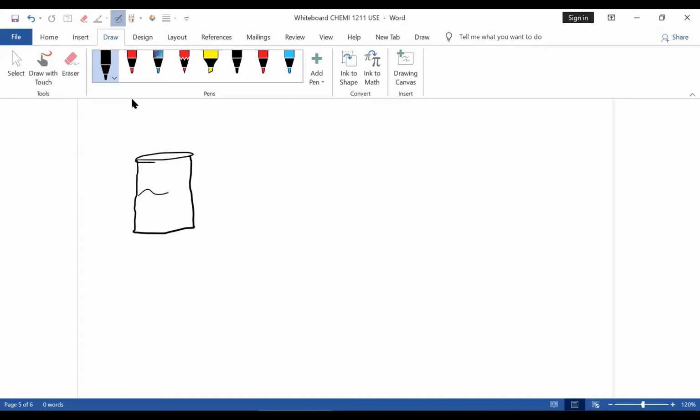Here you have a beaker of water. This is a Bunsen burner. This is a flame. And you'll heat the water up, and you'll see little bubbles here. And what is in the bubbles?